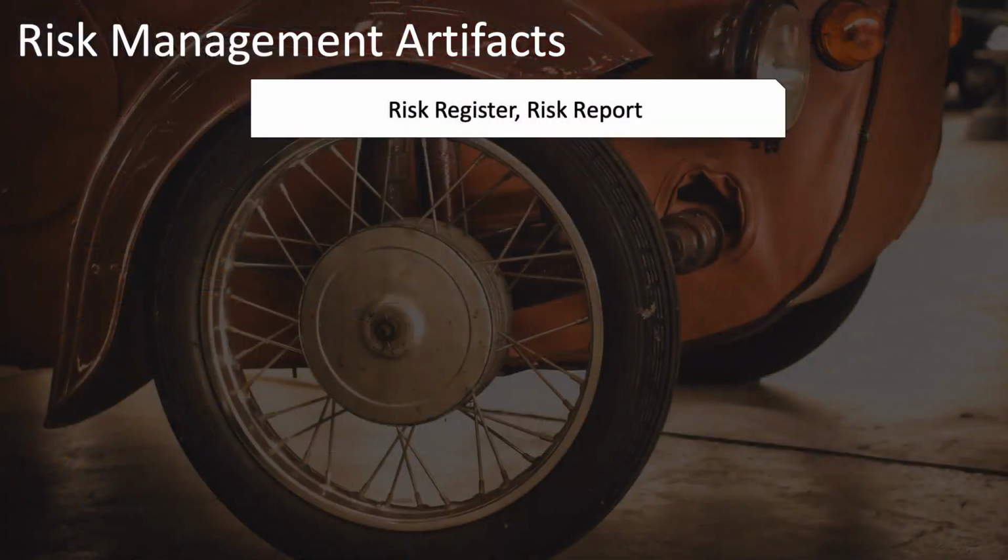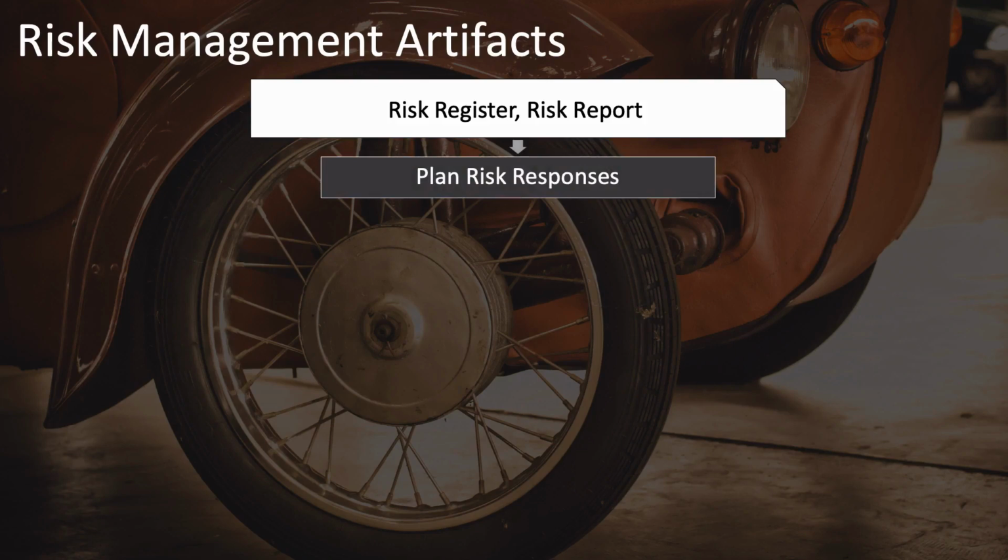All of this information, which is now included in these key artifacts and analyses that are embedded in the risk register and risk report, are important inputs to planning risk responses. Naturally, you can't plan your risk responses without these analyses.